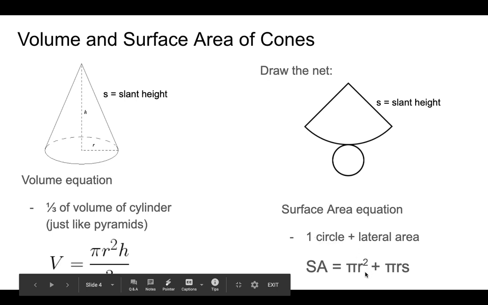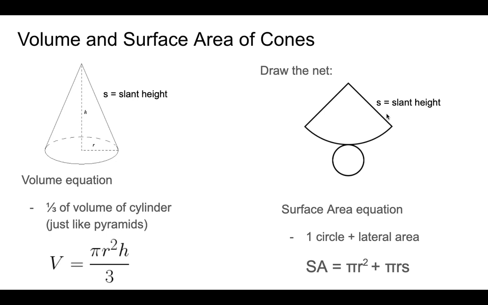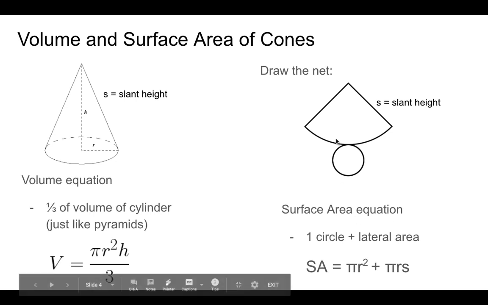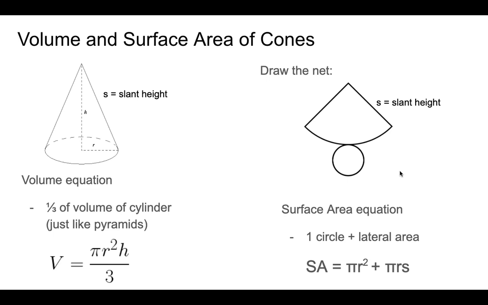The equation for the area of the circle is pi r squared, and the equation for this area is pi r times s, which is this distance. Okay? If you are interested in seeing how this part is derived, I can definitely find a video to share with you, but it is not part of this course to learn how that is derived.